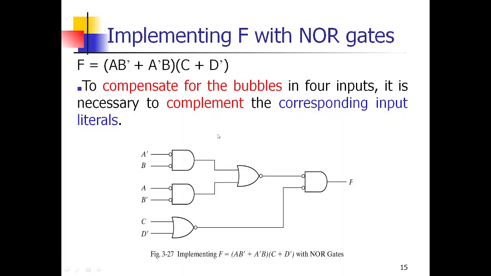The actual product term A B dash is obtained by making the inputs complemented. Then it is represented with the invert AND gate, which is equivalent to the NOR gate. So finally the whole circuit is implemented with NOR gates.